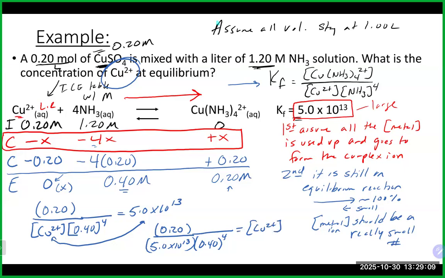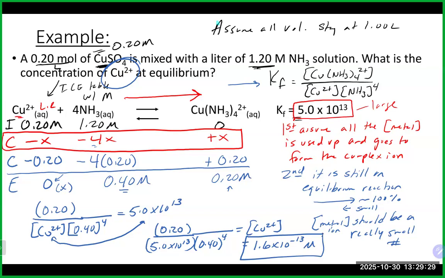So we end up with 0.2 divided by 5 times 10 to the 13 divided by 0.4 to the fourth. And that's going to get us a copper concentration of 1.6 times 10 to the minus 13 molar.